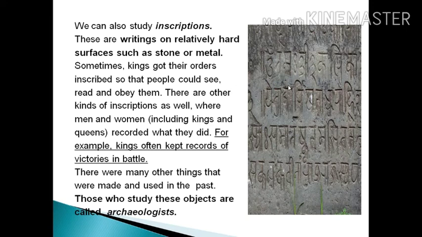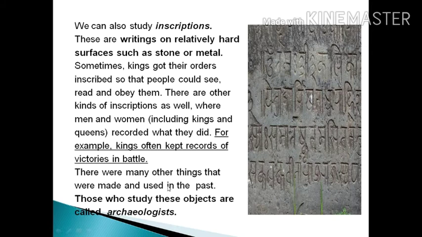In olden times, the kings usually used to inscribe their victories over the pillars or stones. So, inscriptions also are a major evidence which give us information related to our past.